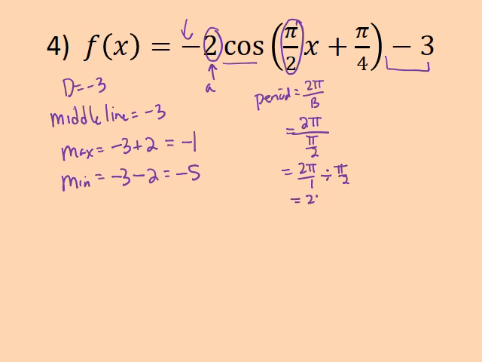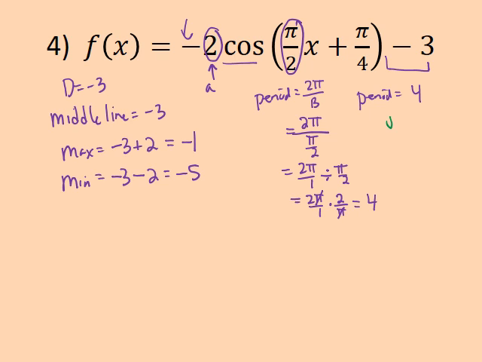Remember, when we divide fractions, we flip. So we keep the 2 pi, we change the division to multiplication, and we flip the pi over 2 to become 2 over pi. And our pi's cancel, so our period is 4. So our period, after all that work, is 4.